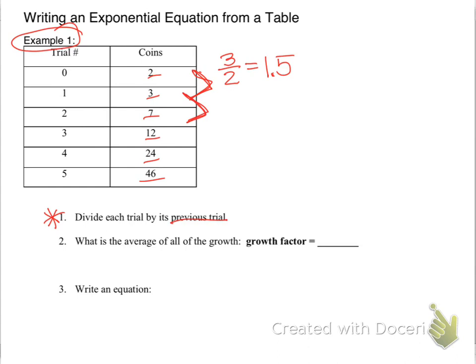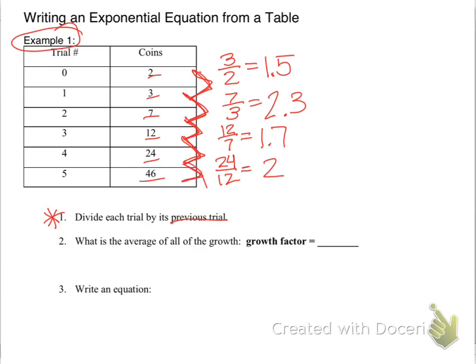Then I'm going to take 7 and 3. I'm going to take 7 divided by 3, which is 2.3. I'm going to continue on doing this. 12 divided by 7, which is 1.7. 24 divided by 12, which is exactly 2.